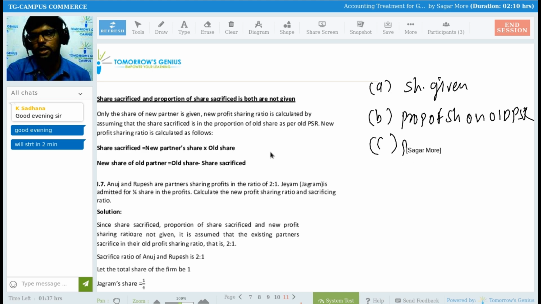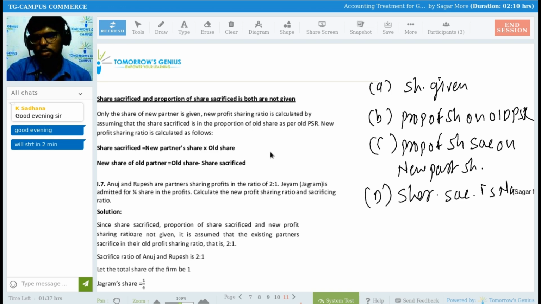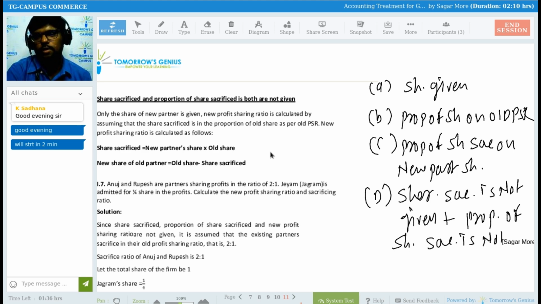Thirdly, we completed proportion of share sacrifice on new partner share given. And the D part is where neither share sacrifice is given, nor is proportion of share sacrifice given.